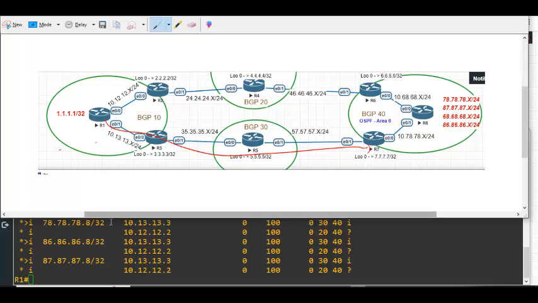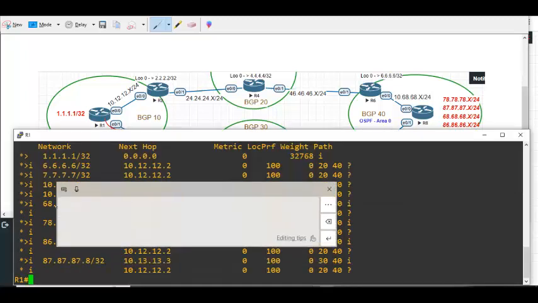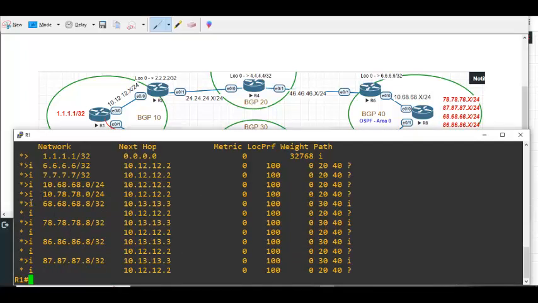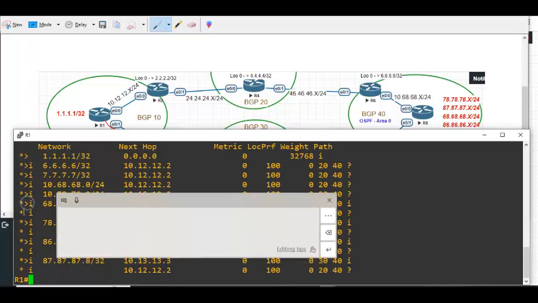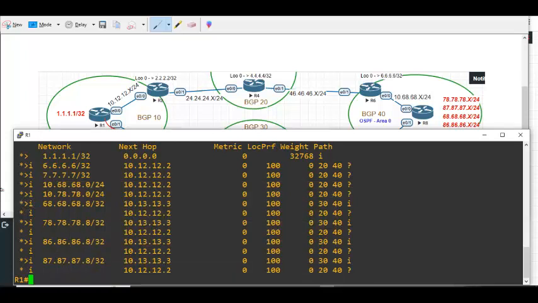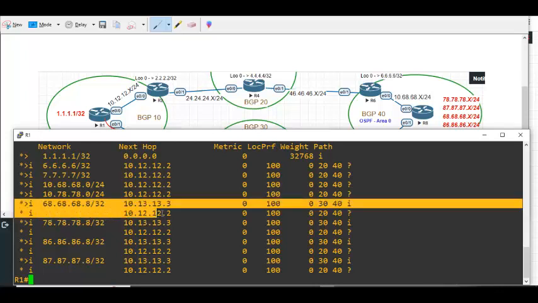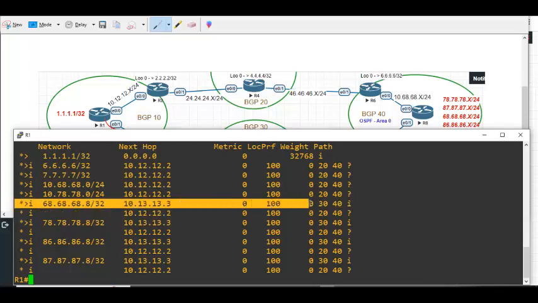Because I see this greater than symbol for this update with the next hop of router 3.